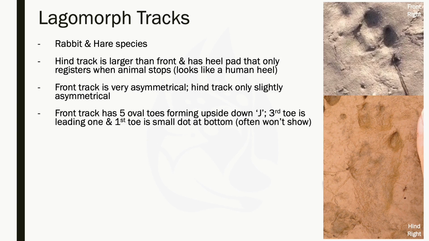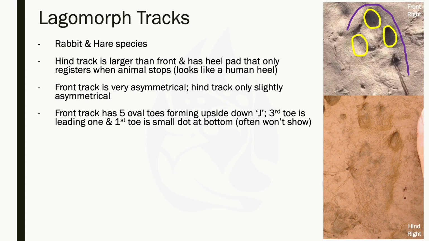Okay, on the front track, we actually have 5 toes that are oval shaped. And what they do, they form an upside down J shape. So if I take this J here and then I flip it upside down and I put it up here, you can see that that really forms around all of those toes that register, okay? And so I can outline them here, these sort of roundish oblong toes, and I'll see that toe 3 is what we refer to as the leading toe.